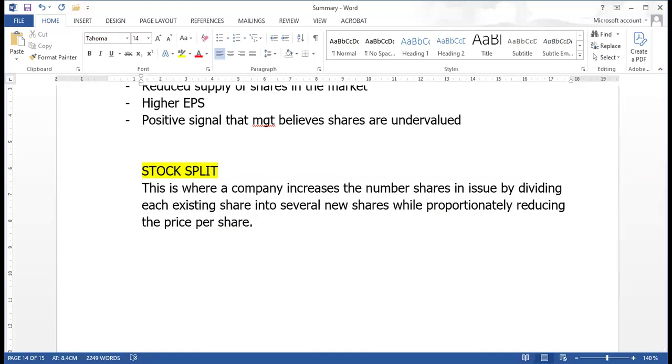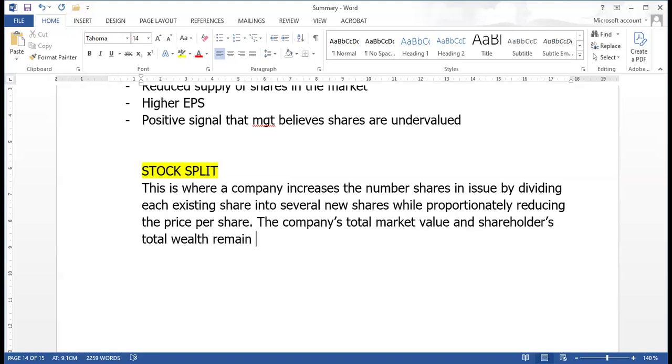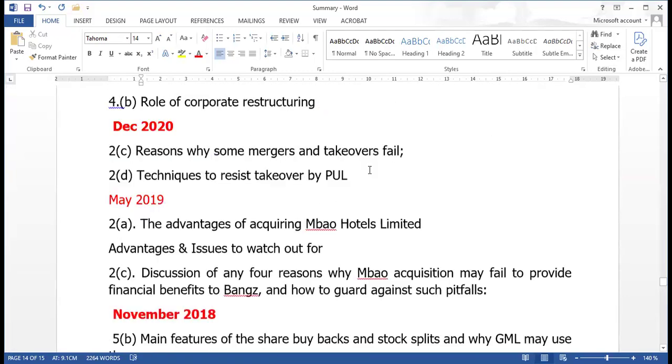With stock split, yes, we are doing this, but at the end of it all, the company's total market value, or the shareholders' total worth, remains unchanged immediately after the split.